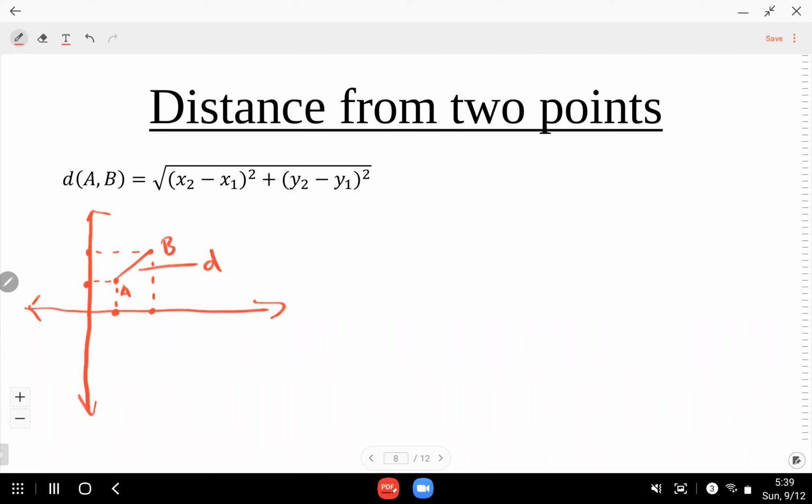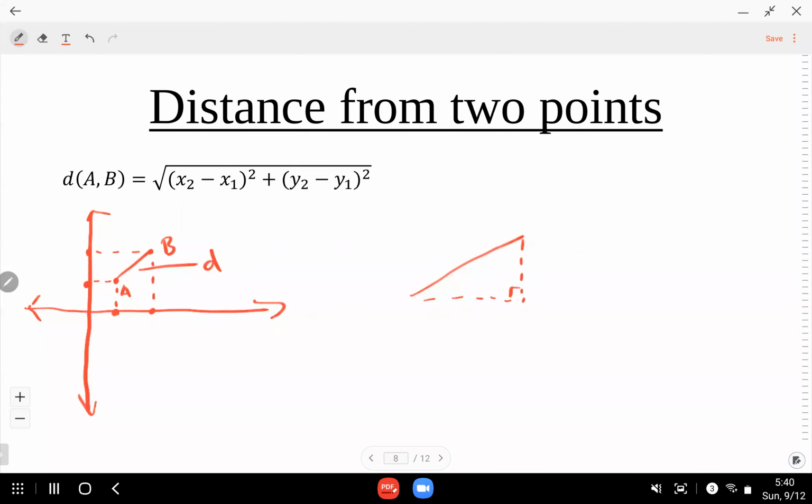Well, you can use the Pythagorean theorem. All right. The Pythagorean theorem you can use a lot in coordinate geometry. So you see here, the segment here can be the hypotenuse of a right triangle. All right. And all you need to do is use the Pythagorean theorem.